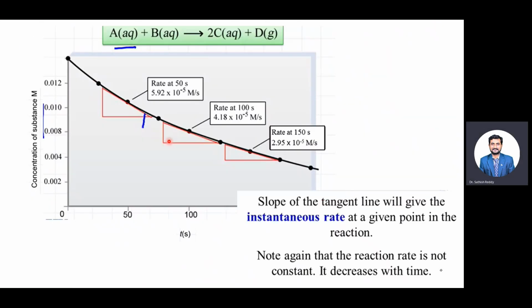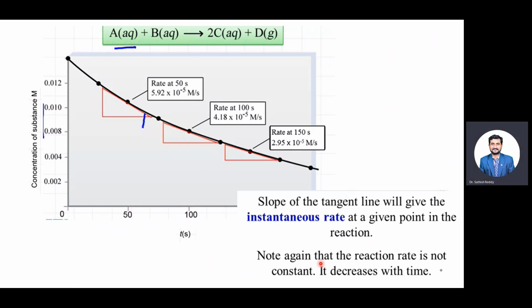You can see in this same diagram, concentration of substance versus time in seconds. You can see the slope is decreasing with respect to time. The slope of the tangent line will give the instantaneous rate at a given point in the reaction.